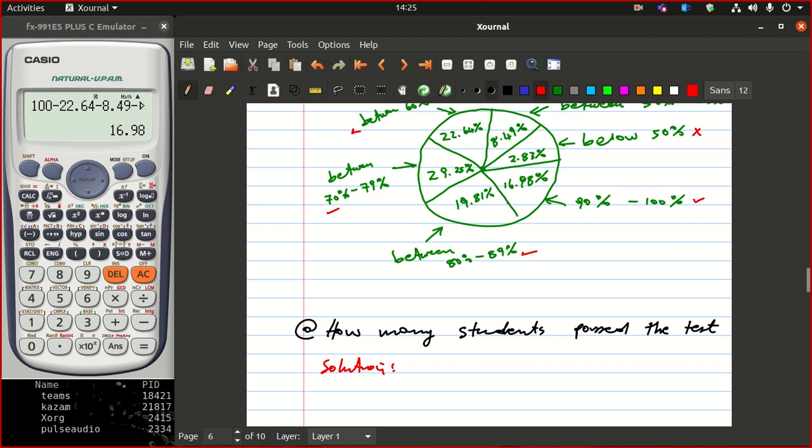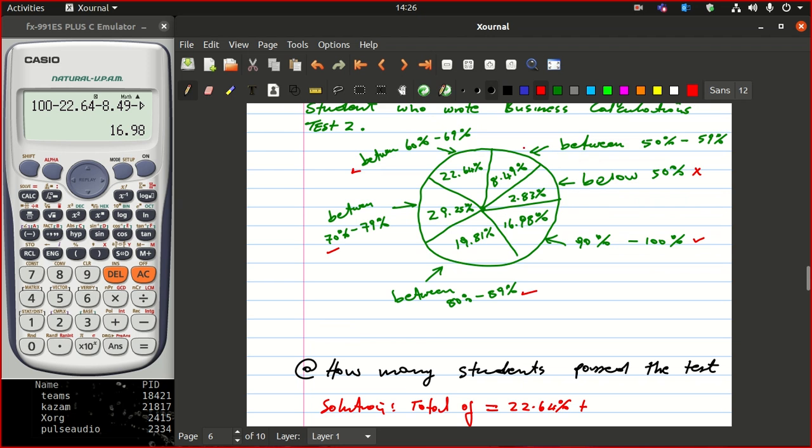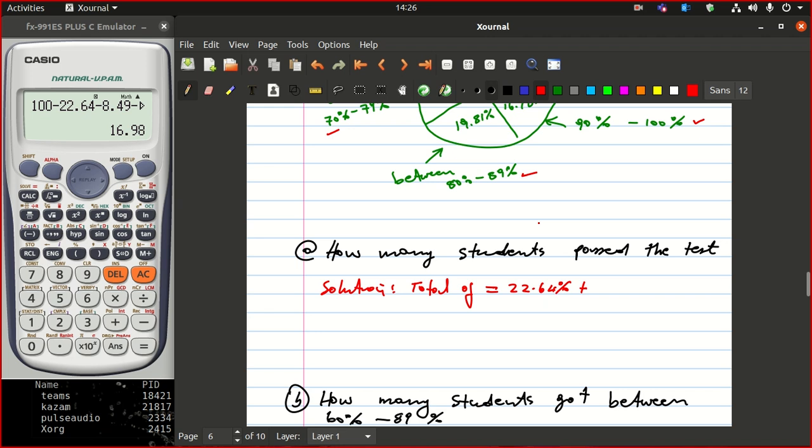So let's add these percentages here. We have 22.64% plus 29.25%, and then we also have 19.81%, and then 16.98%, and then 8.49%.